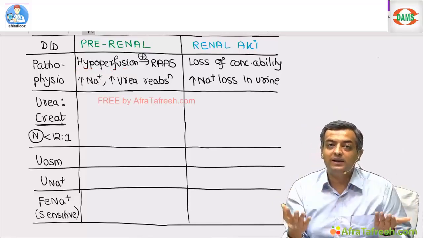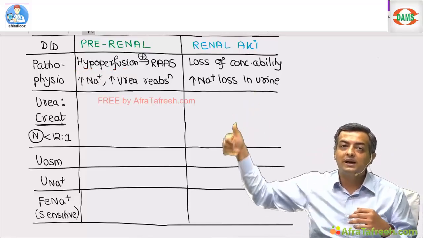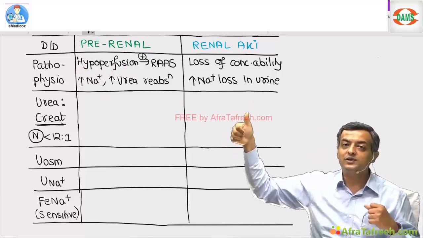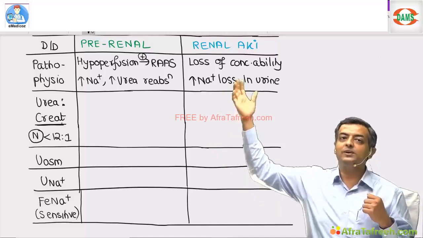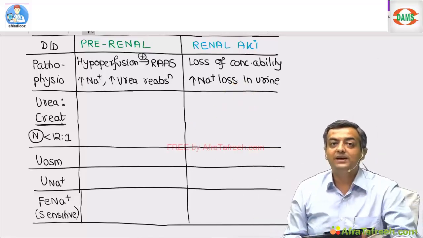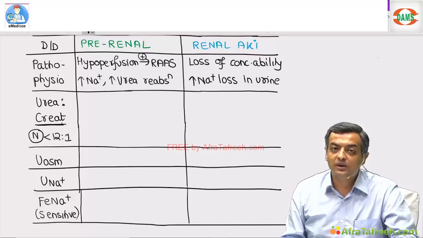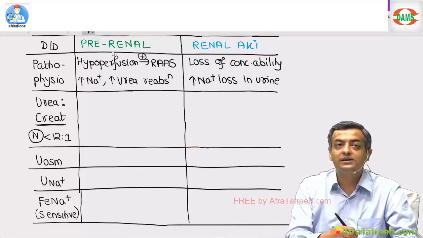So in the blood, in the serum, there will be a rise in urea, a rise in creatinine. But how much will be the rise? 20% each. 20% यूरिया भी बढ़ेगा, 20% क्रिएटिनिन भी बढ़ेगा. तो डिवाइड करोगे तो क्या होगा? रेशियो रिमेन्स unchanged. 20% cancel each other.